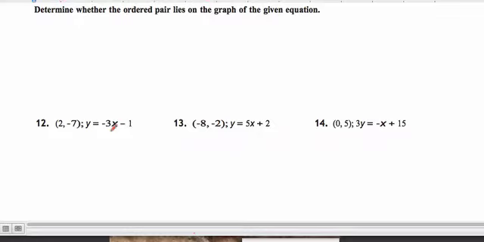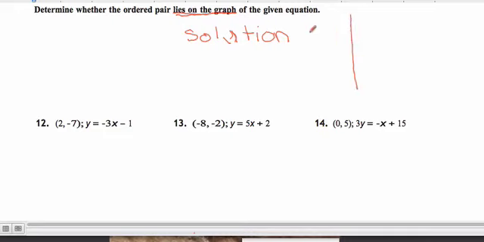All right, the last thing we're going to look at today is if the ordered pair lies on the graph of the equation. If the ordered pair lies on the graph, we call it a solution to the equation.